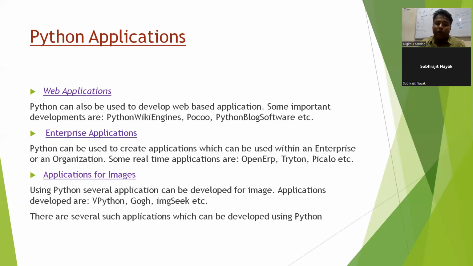Some important developments are Python Wiki Engine, Zope, and Python blog software as web applications. Enterprise application: Python can be used to create an application which can be used within an enterprise or organization.